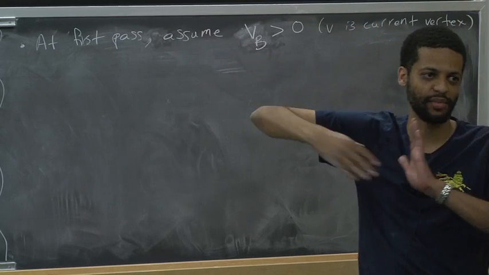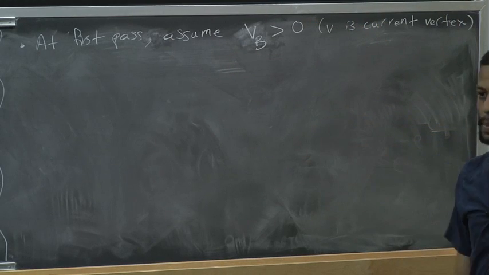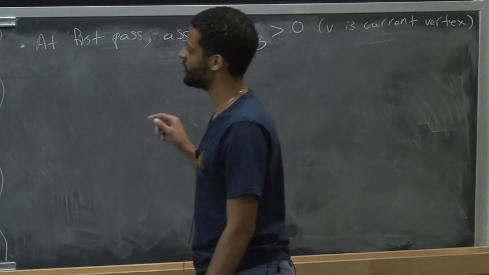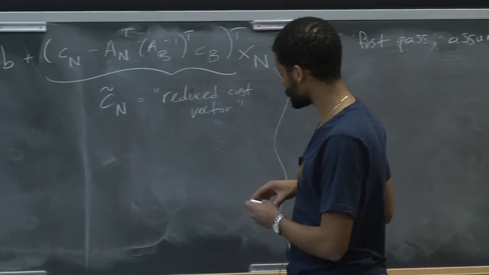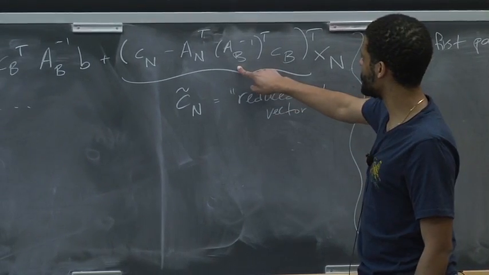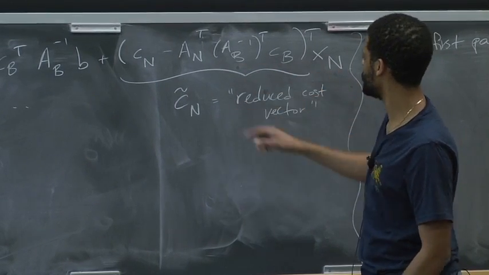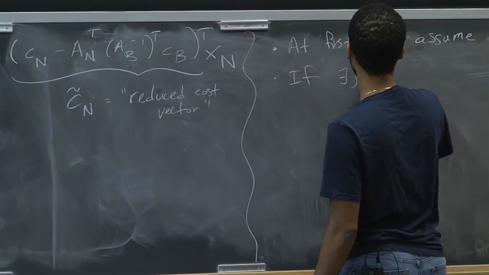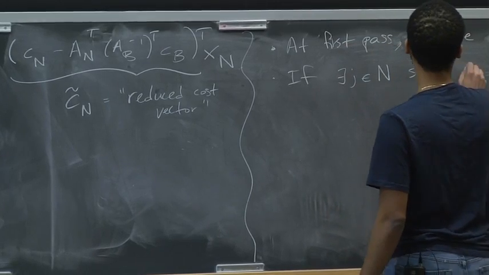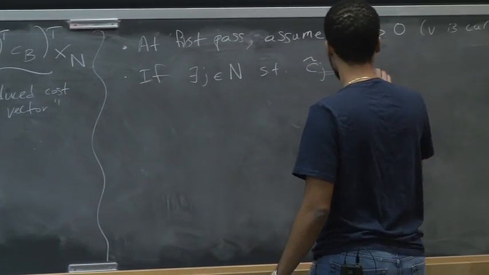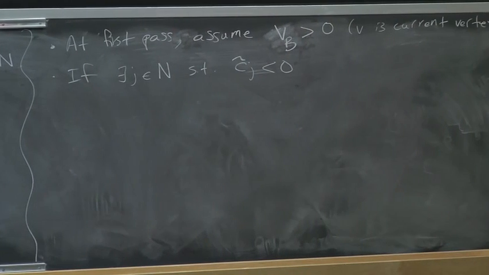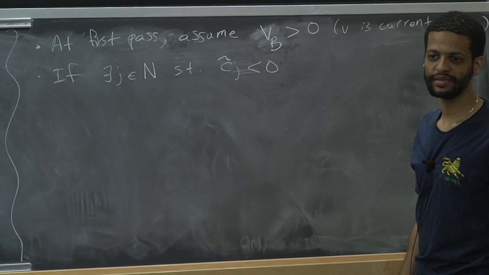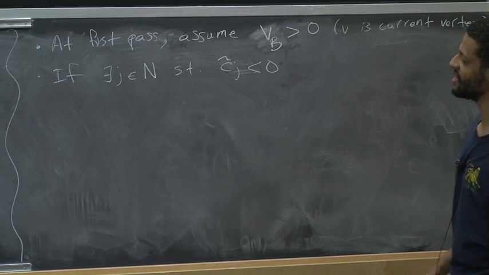We didn't have to actually add more columns to make it full rank. So in this case, what can we do? Well, if there exists a j in capital N such that C tilde j is strictly negative. Questions? Any questions? I know I've been writing a lot of symbols.